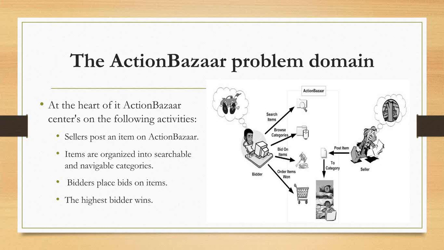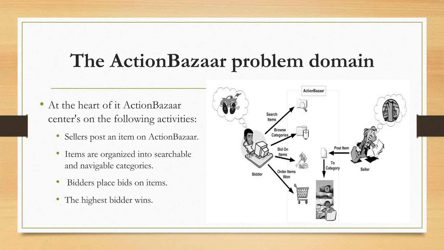The users who place the bids, who want to buy this item, we call them bidders here. Once a bidder wins the bid, the highest bidder will win the bid, and that item will be sold to that bidder.